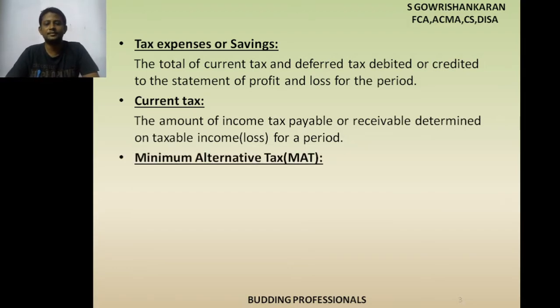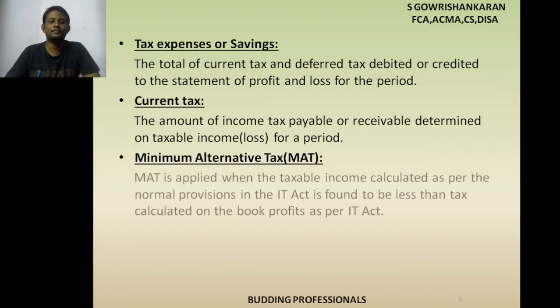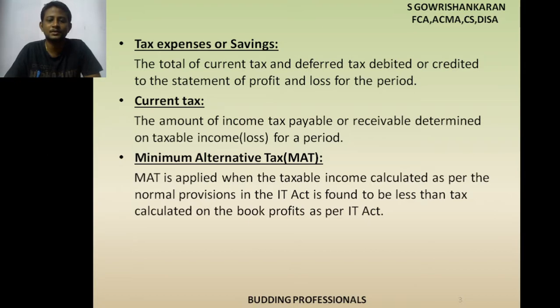Then MAT, minimum alternative tax. I hope all of you have some basic idea about MAT. Again, this MAT amount is also calculated following which act? MAT is calculated following the Income Tax Act only.